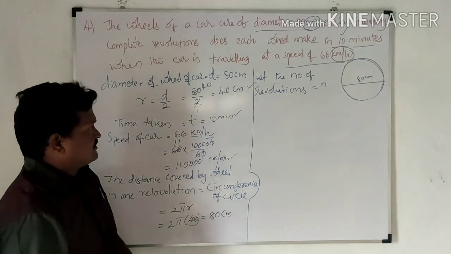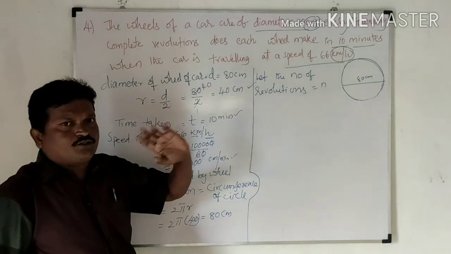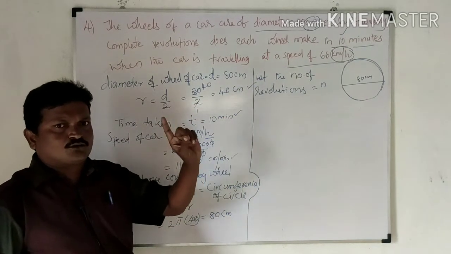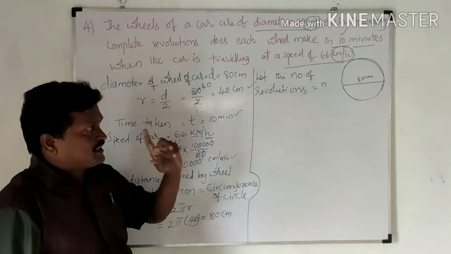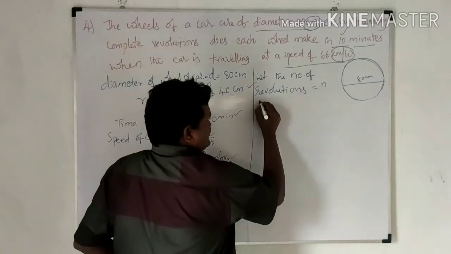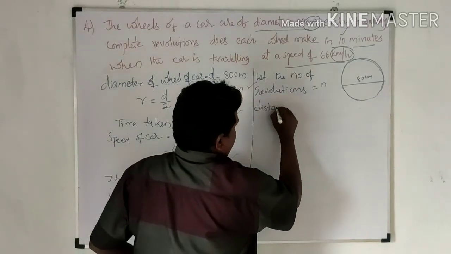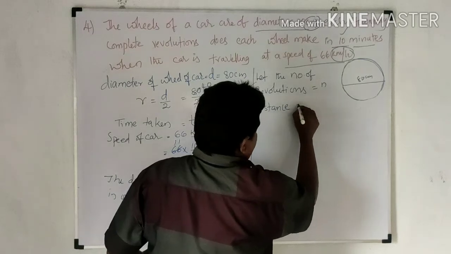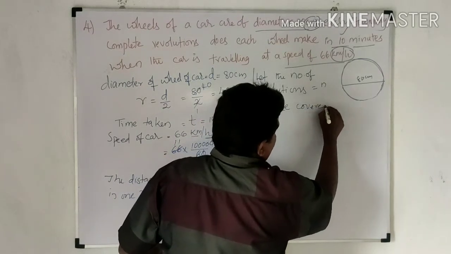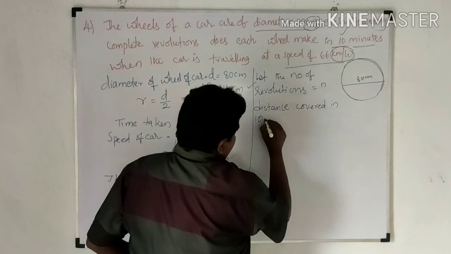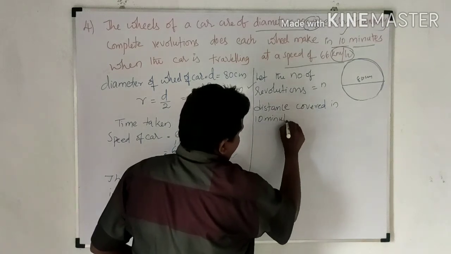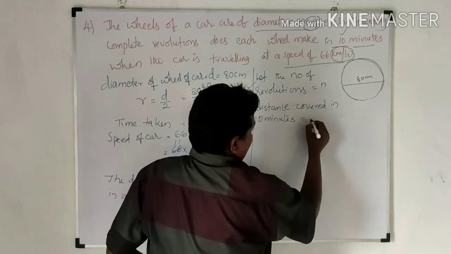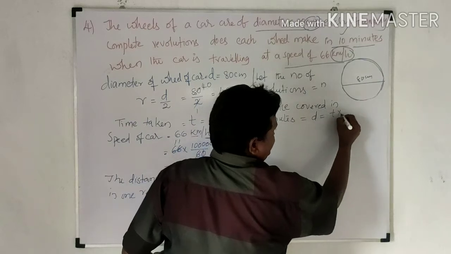We know one formula: distance is equal to speed into time. So the distance covered in 10 minutes is d is equal to time into speed.